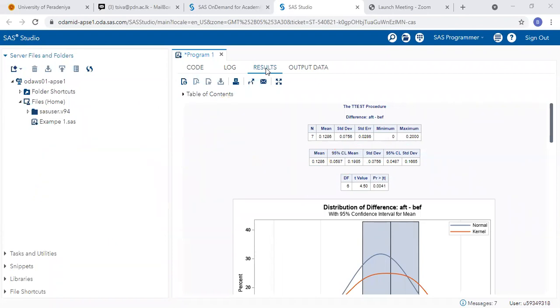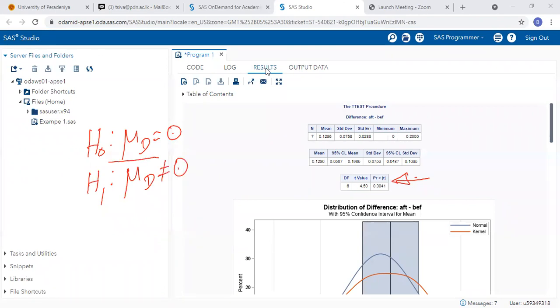The other way, we can look at this table. The null hypothesis is mu d equal to 0. For the alternative, we can test anything, mu d not equal to 0, but there is no point of testing mu not equal to 0. Why?